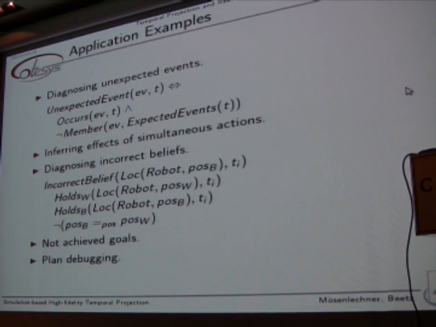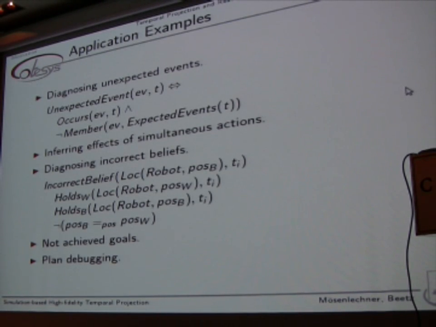We can infer the effects of simultaneous actions. So remember the example at the beginning where the robot just hit the cup and the cup fell out of the gripper. By simulating it we have an unexpected collision and the cup is lying on the ground at the end. So this is something that needs closer investigation and we need to fix this.